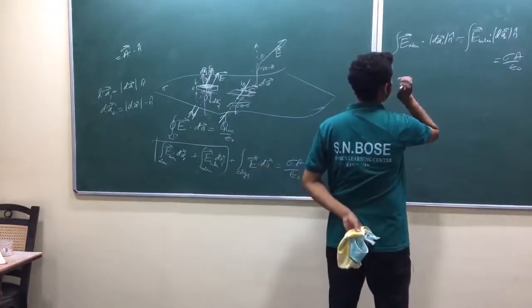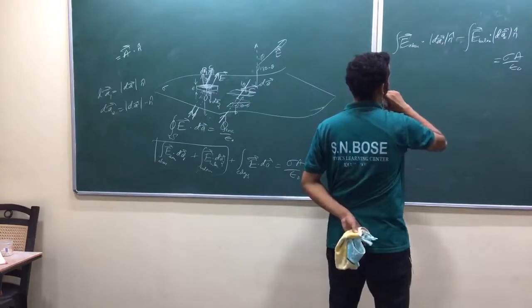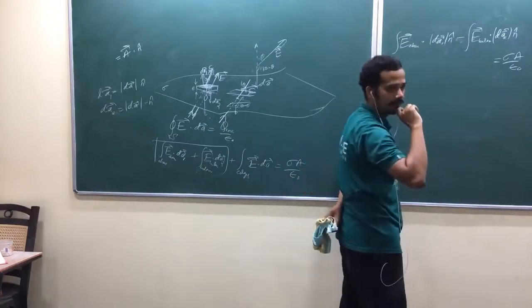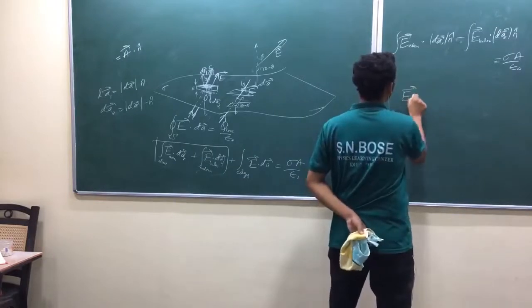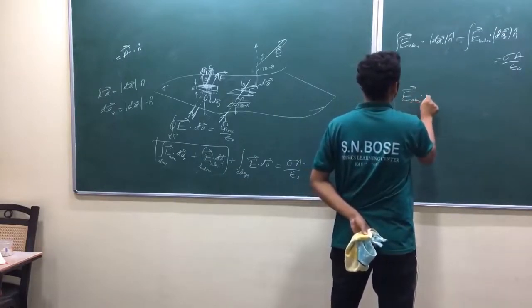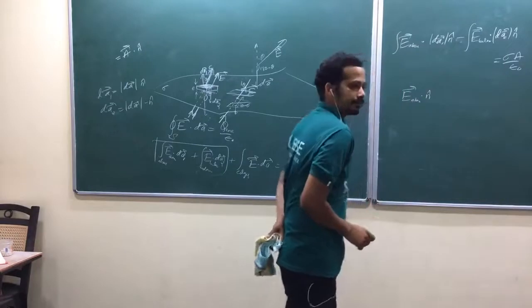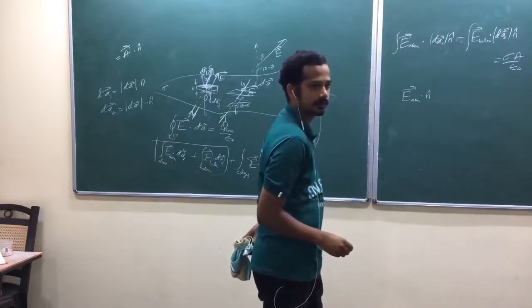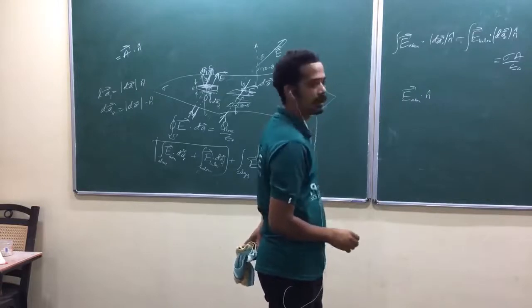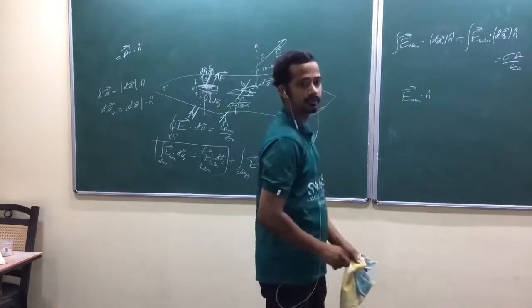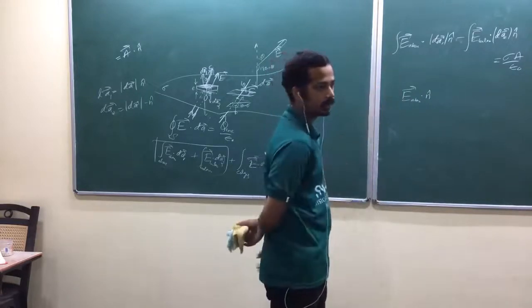Now what I do here is take E above dot n cap outside, because my integral should run only over area. Why? Only that is variable. In the whole thing, only that is variable.